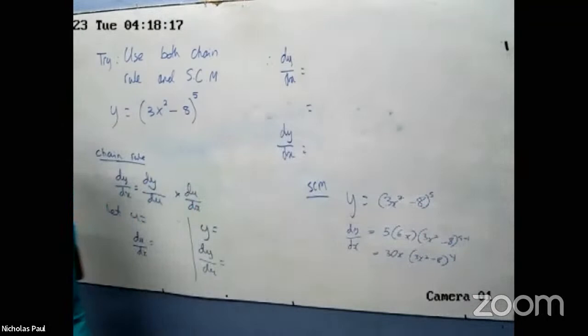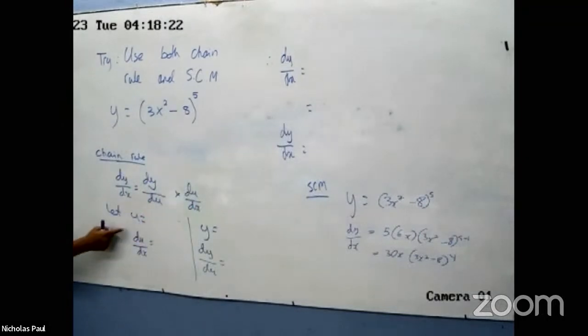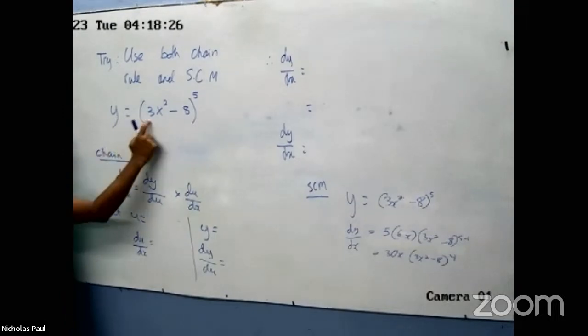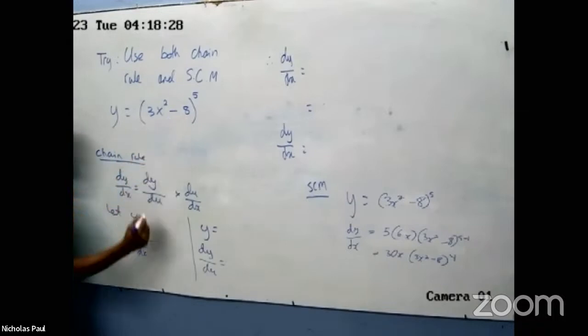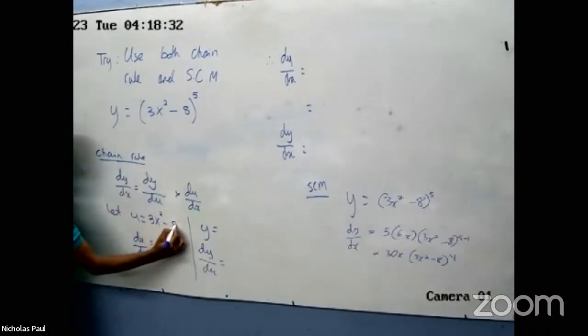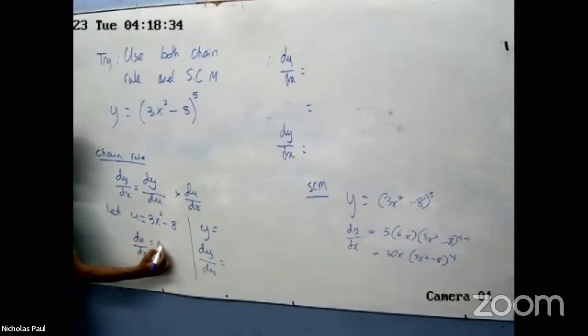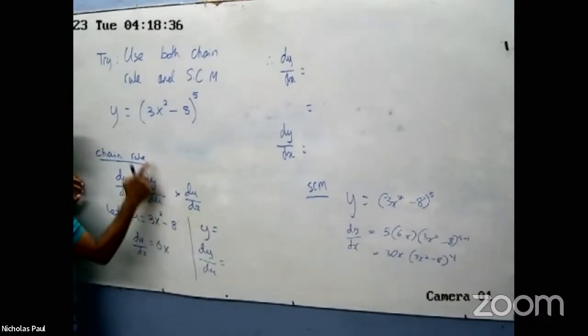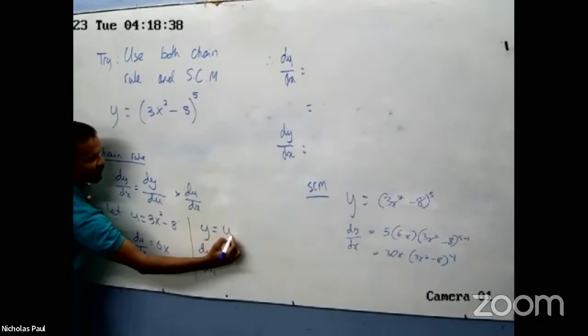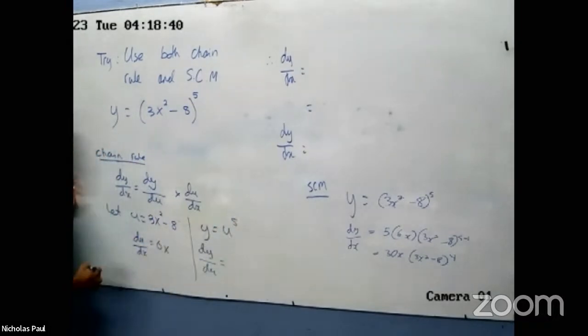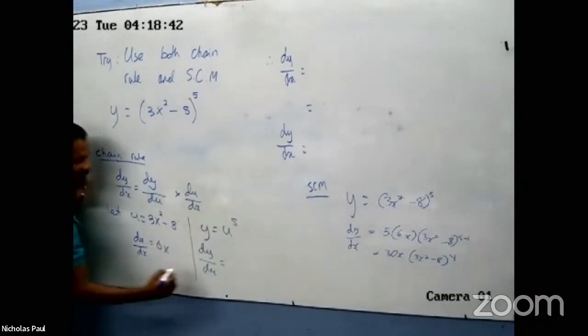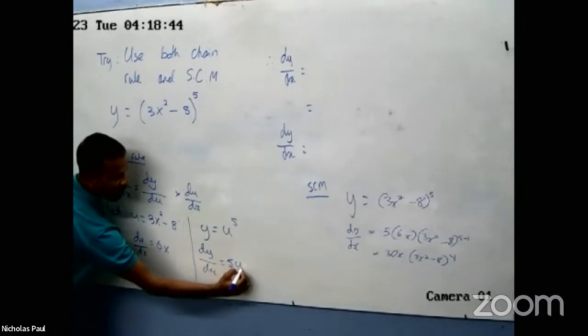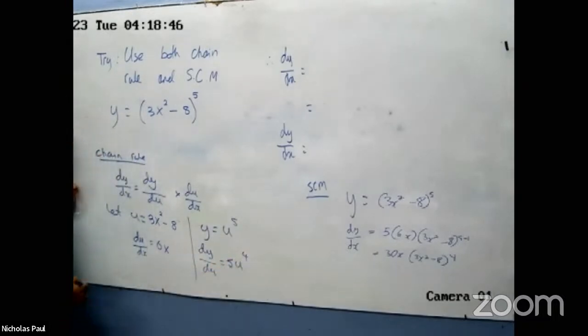All right, let's check out the chain rule. So u is equal to what? The part in the bracket, right? So u is equal to 3x squared minus 8. The differential of this is 6x. y is equal to u to the power of 5. Right? And the differential of that is 5u to the power of 4.